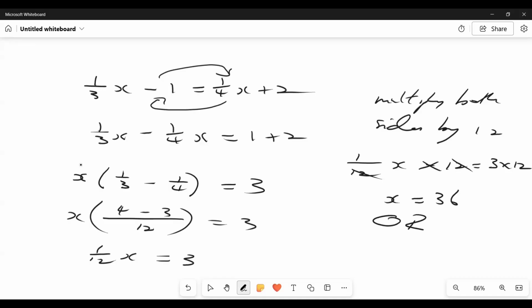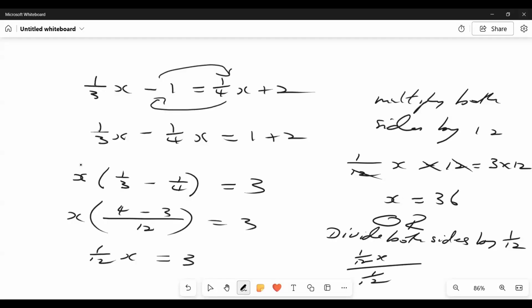Or you can do this, you can divide both sides by 1/12, right? Divide both sides by 1 over 12, right? So you get 1 over 12x divided by 1 over 12 equals 3 divided by 1 over 12, right?